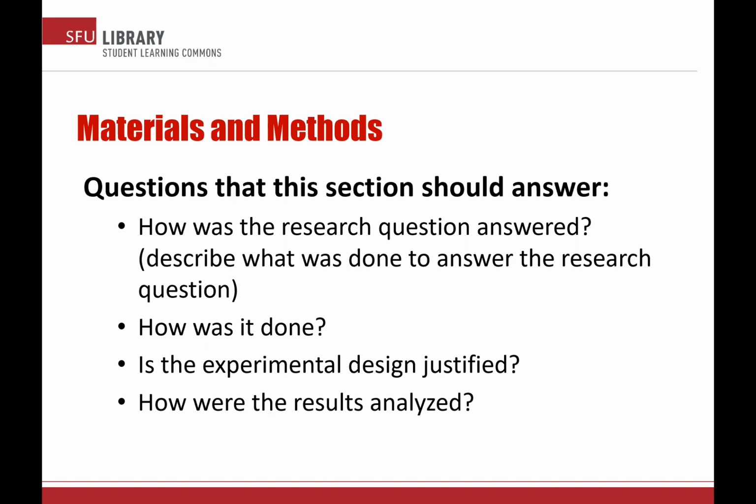Remember that the materials and methods section should not include any of your results. That's what the results section is for. The materials and methods section should include only what you did.